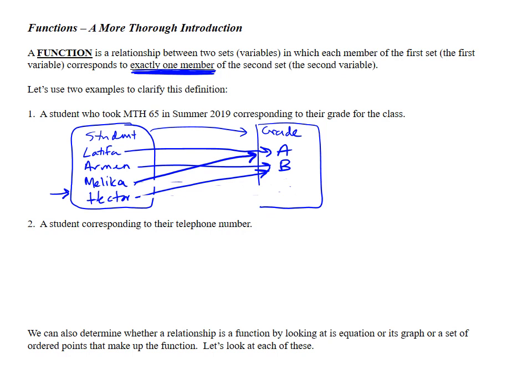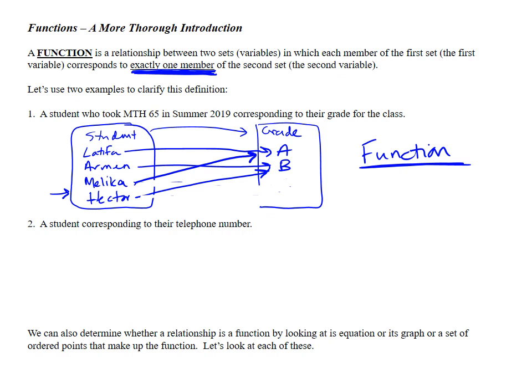So the example of a student corresponding to their grade for a particular class has to be a function because each student has to get a single grade, one grade and only one grade. So that's what we mean by each member of the first set corresponds to exactly one member of the second set. That's a function.